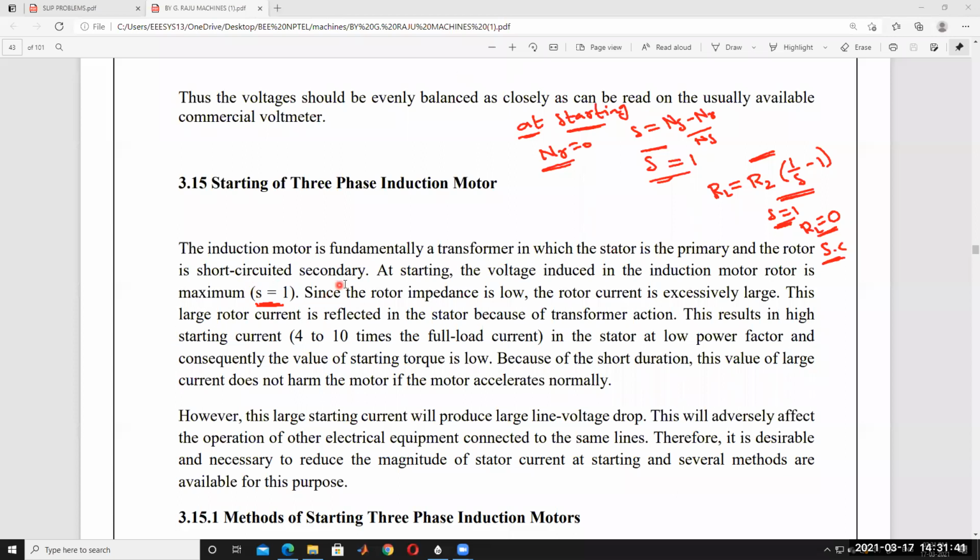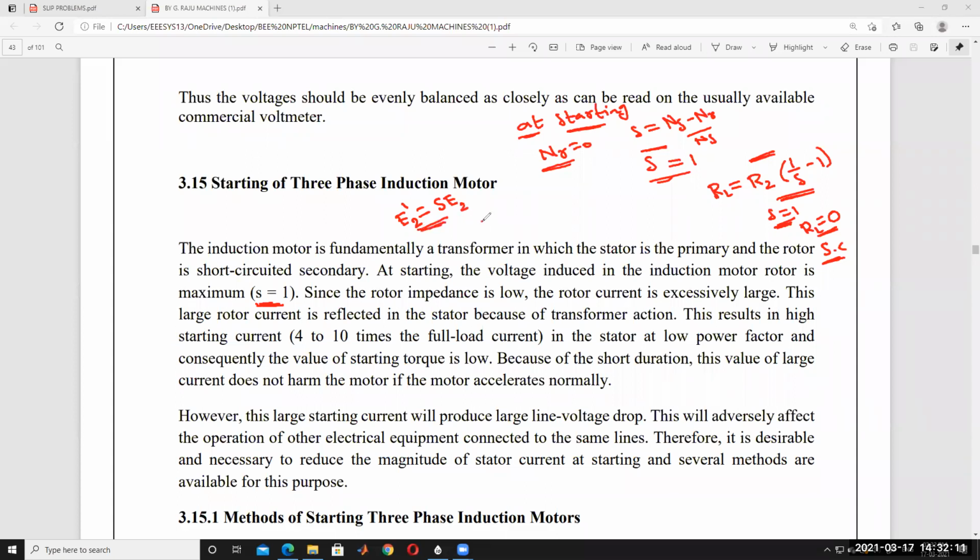Understood? At starting, the voltage induced in the induction motor is maximum, so that is S equal to 1. You know well the voltage induced in the induction motor rotor is E2R, which is nothing but slip times E2. So E2 dash is equal to slip times E2.